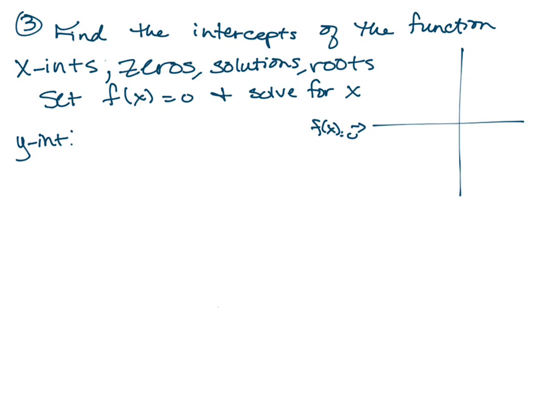Plug in 0 for x. This puts me on the y-axis here. Plug in 0 for x. That means x is my 0. Is that making sense? So we're going to plug in 0 for x and evaluate.